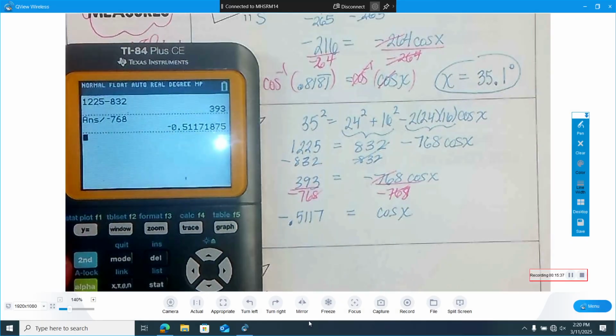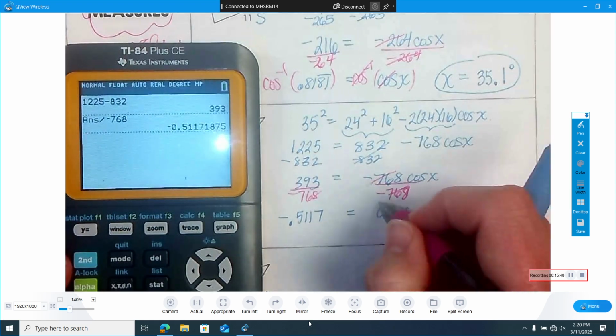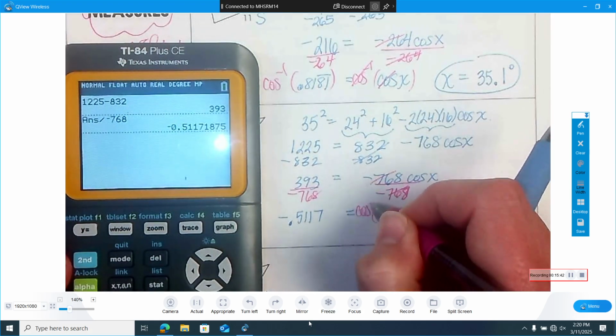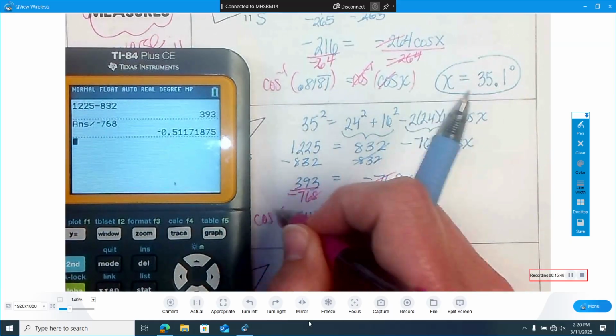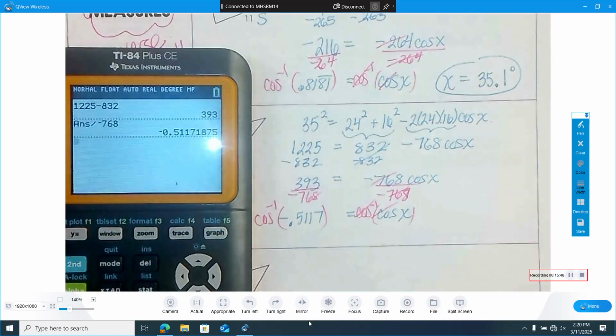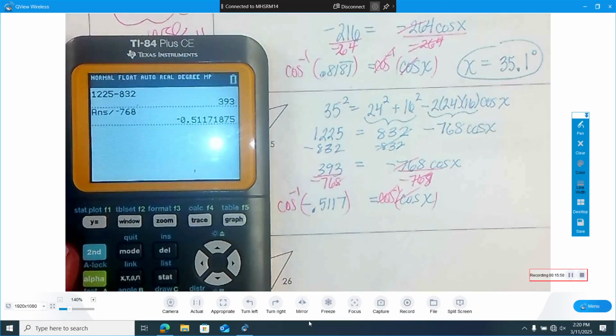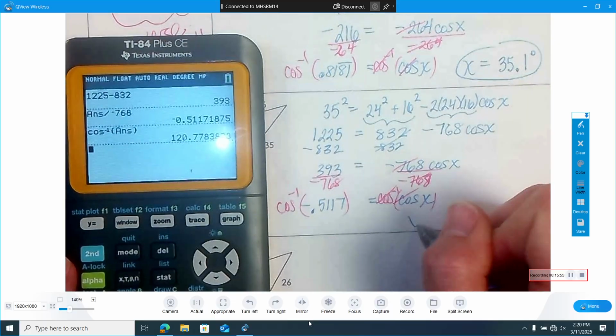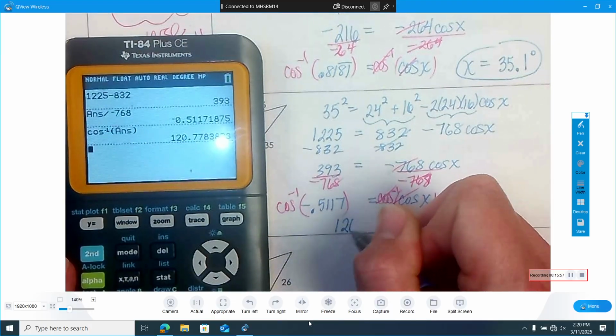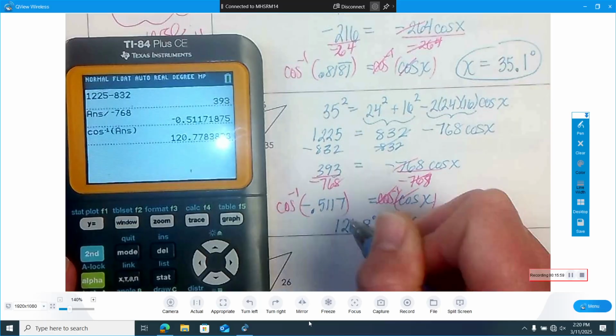And how do you get x by itself? Cosine inverse. I heard opposite, but inverse is a little bit better. Inverse function undoes. All right, so we're going to do cosine inverse of our answer. So we get x equals 120.8 degrees.